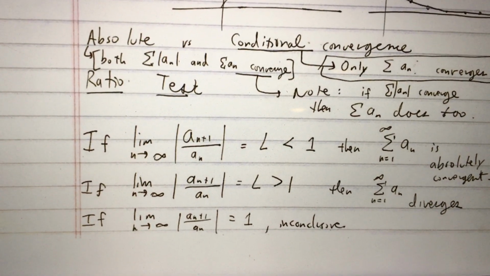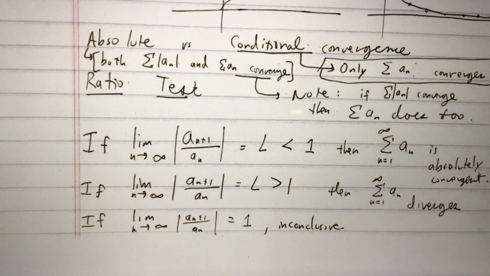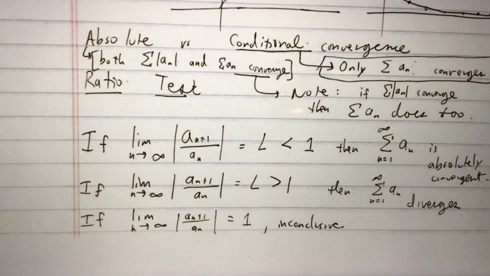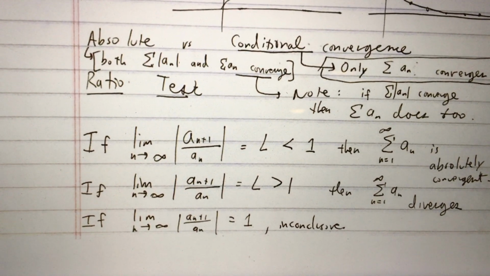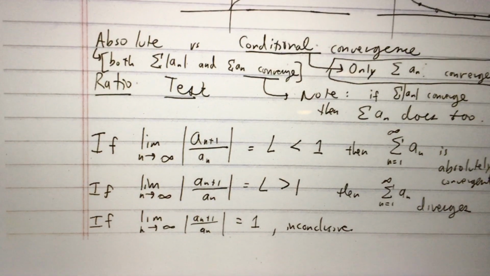If the limit as n goes to infinity of the absolute value of a sub n plus 1 over a sub n equals L greater than 1, then the series diverges. And if it lands right on 1, it's inconclusive.